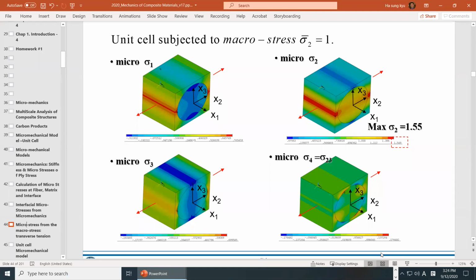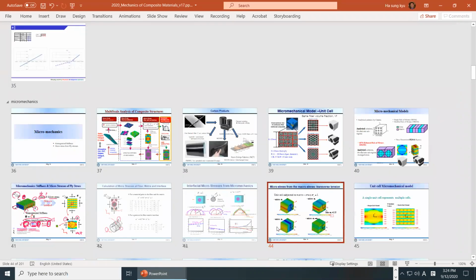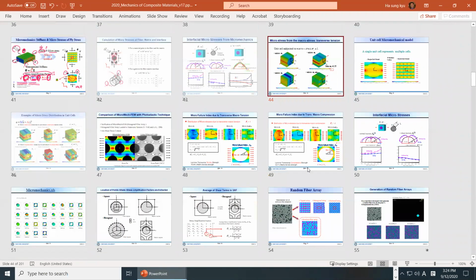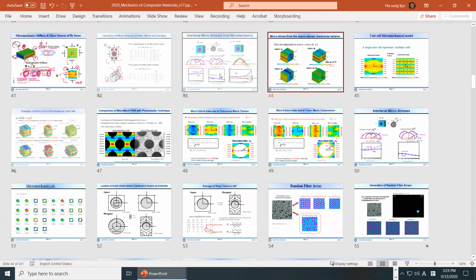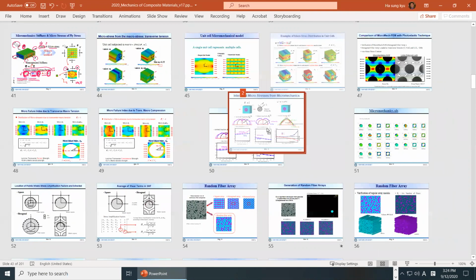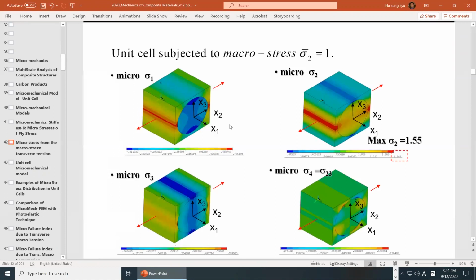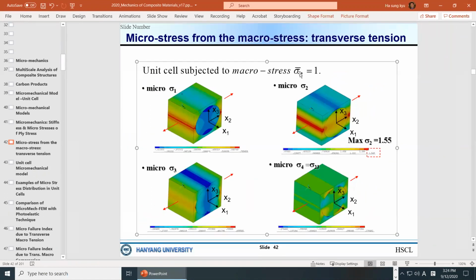And these are some stress amplification factors. A stress amplification factor is not a constant value. For example, when we apply sigma 2 bar equal to 1, the macro stress, there is some confusion of the symbol, but this sigma 2 bar is the transverse load.